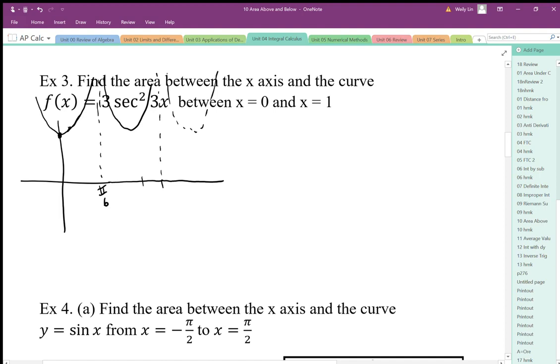This is kind of a bit of a messy one, so we're going to have to take our time doing this. And so we should have about 1, 2, 3 asymptotes, and then it looks like right about there is going to be 3.